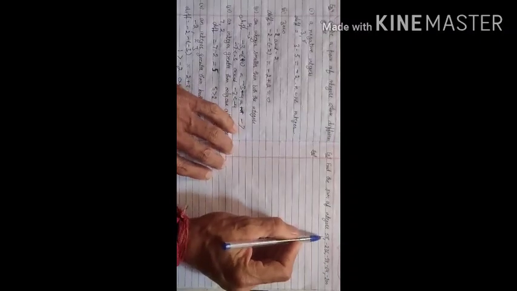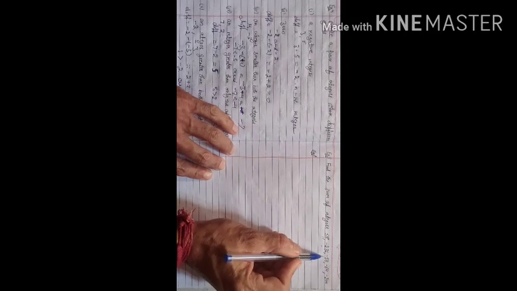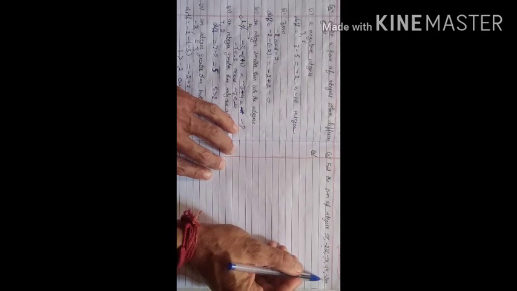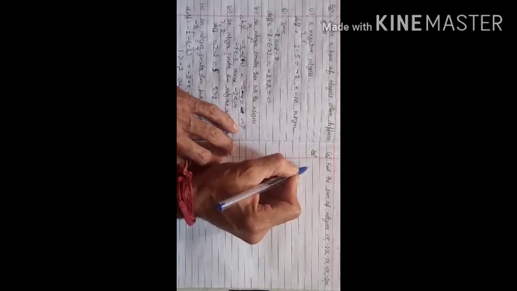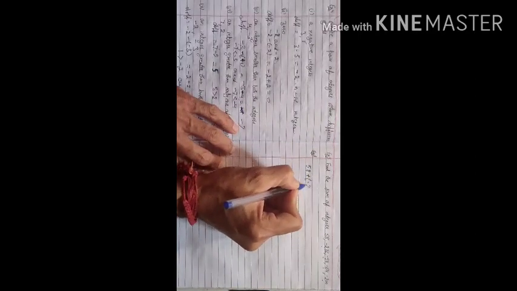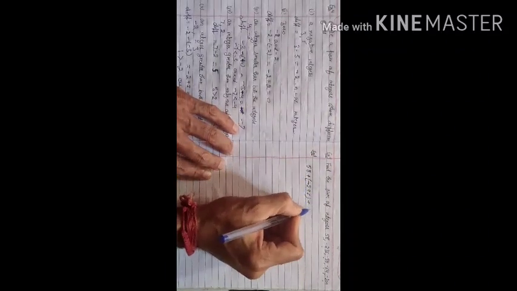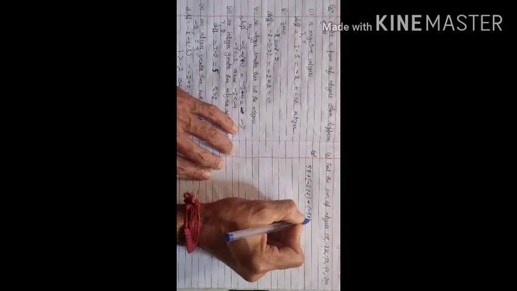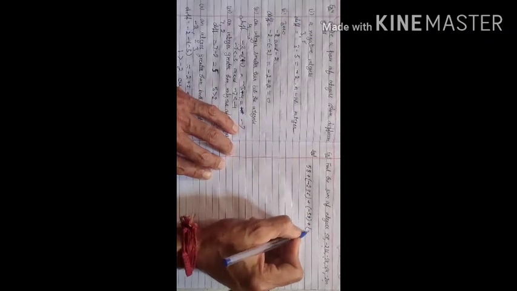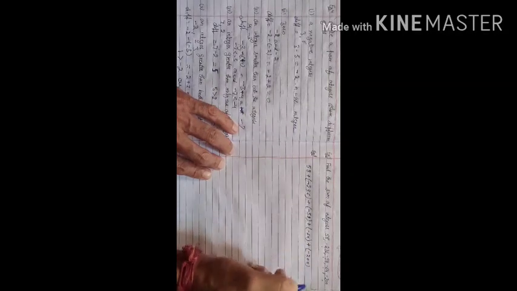Now fifth example is write the sum of integers 58, minus 236, minus 58, minus 64 and minus 200. Write down 58 minus 236 plus minus 58 plus minus 64 plus minus 200.